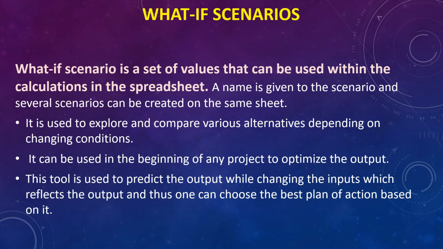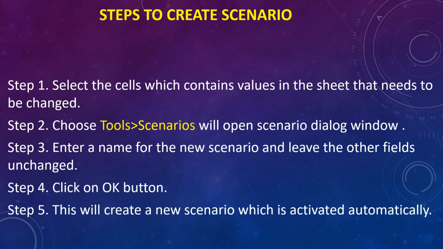These cases I can save separately in the name of a scenario and I can refer to them later on. So the best advantage is that we can save those cases, various values, various conditions, by changing different values and we can have different results. But how can we do that?